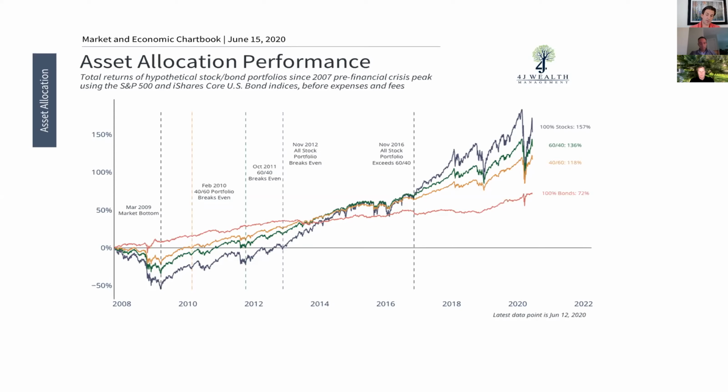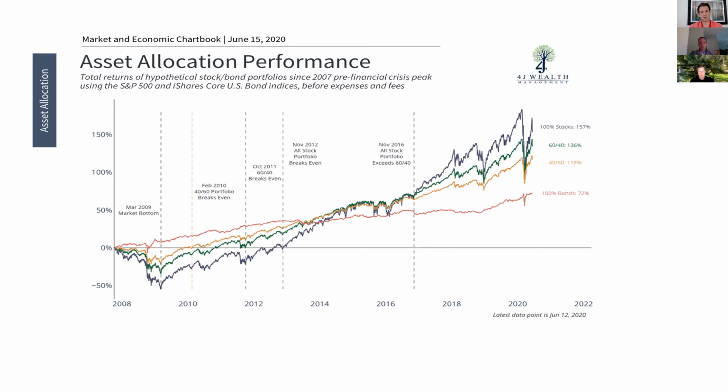The reason this is, I think, the most important slide we're going to look at is because during the global financial crisis, from October 2007 to the market bottom in March 2009, the S&P 500 declined by 57%. So just to put that in perspective, we declined 34% during COVID. That would be like declining an additional 23% on top of what we had lost. So a much steeper decline.